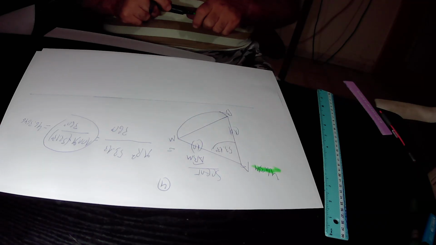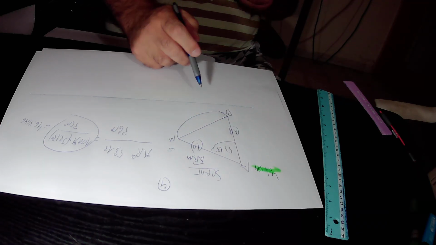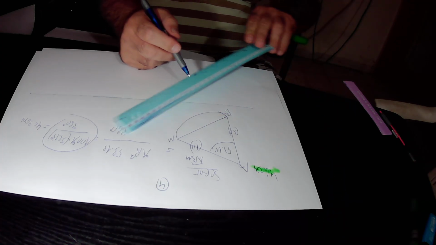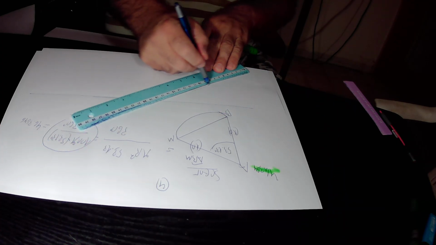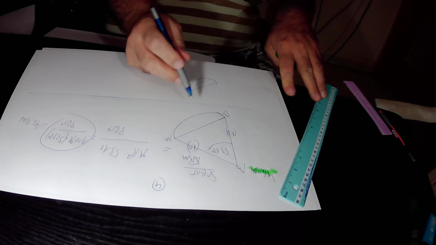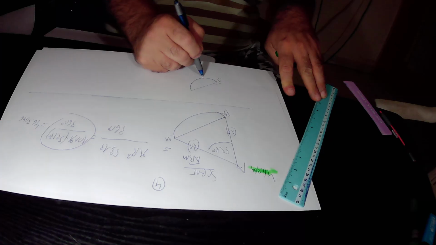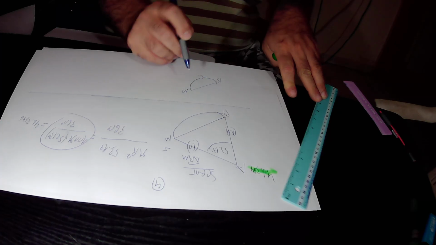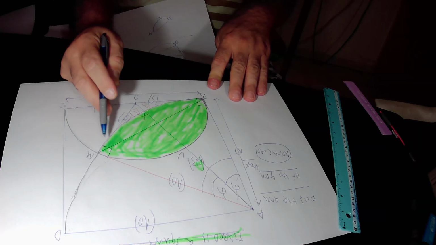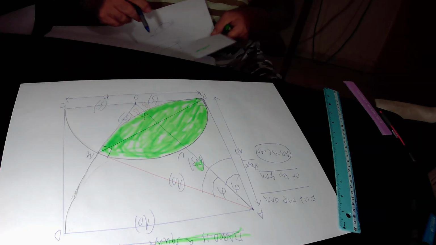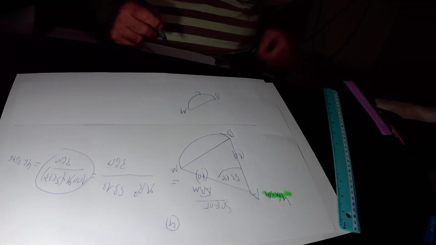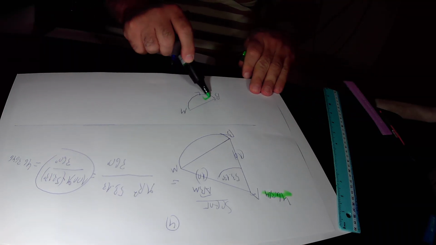Our task is to find out the area of this lower segment BLM. This is the lower segment BLM that we have to find the area of. So, what is the area of the lower segment BLM?